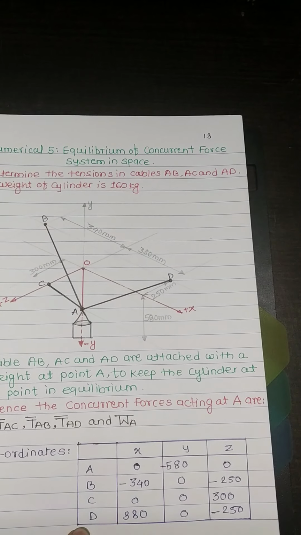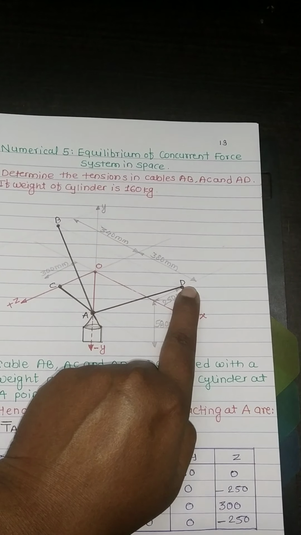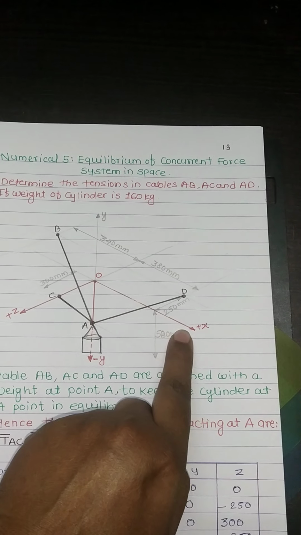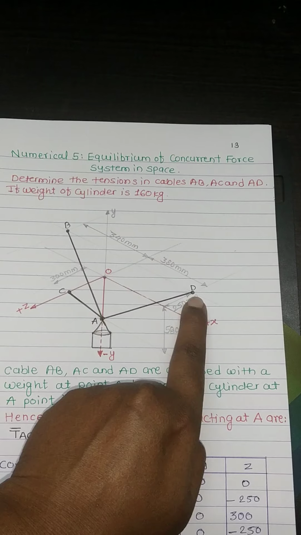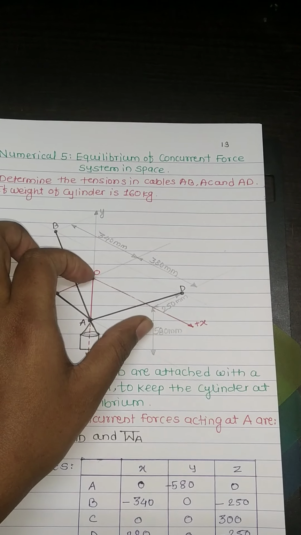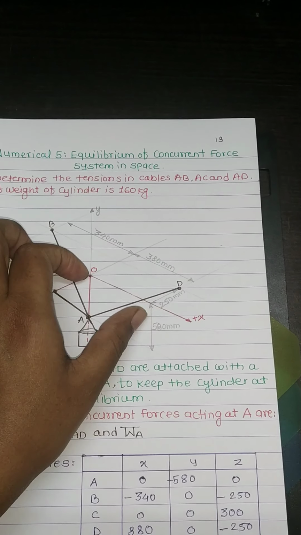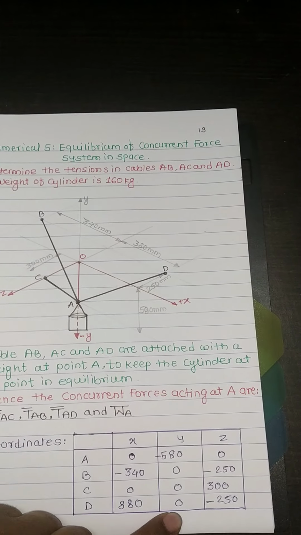Point D has coordinates as defined in the plane of negative z-axis and positive x-axis. So the coordinates are parallel to the x-axis. The distance from the origin for the point D is 380 mm, positive 380 mm.